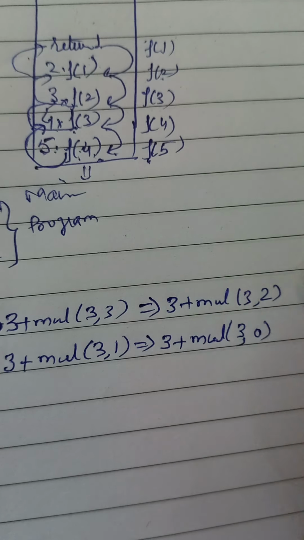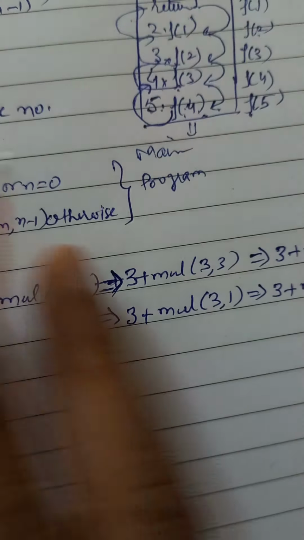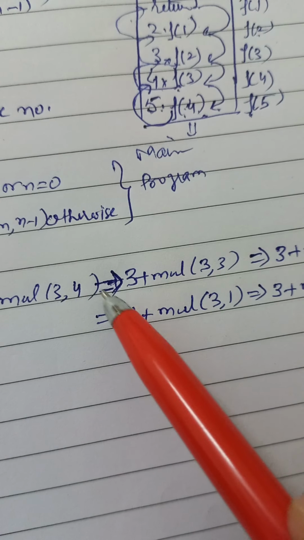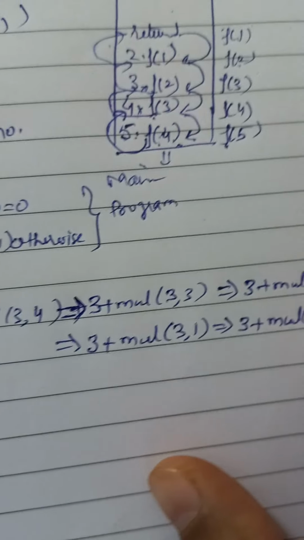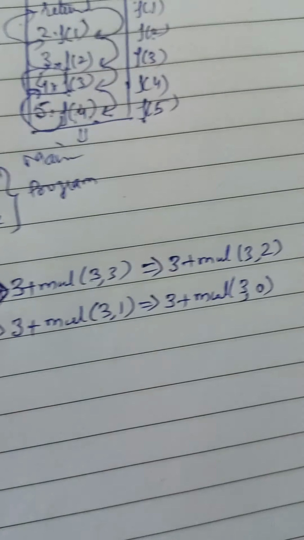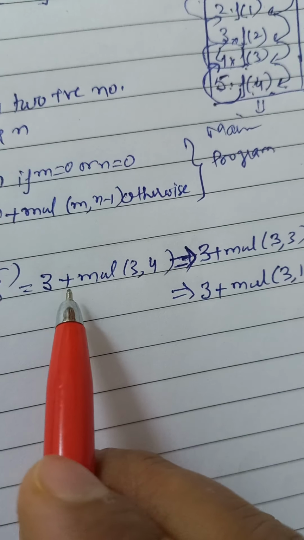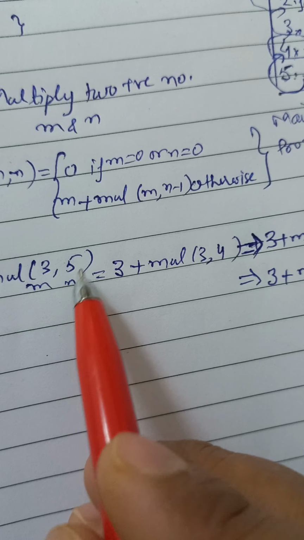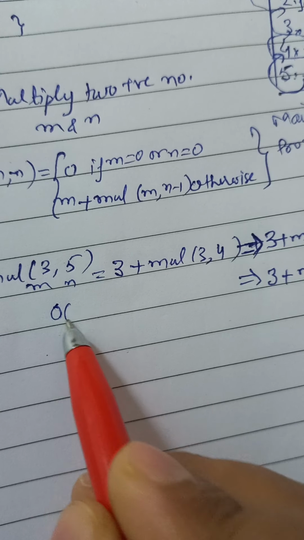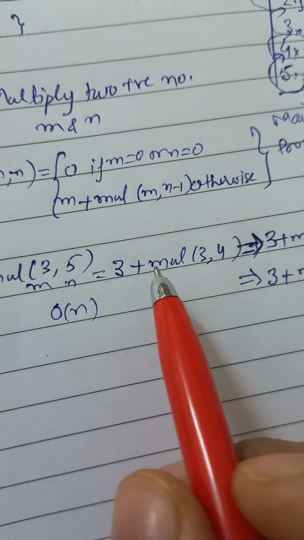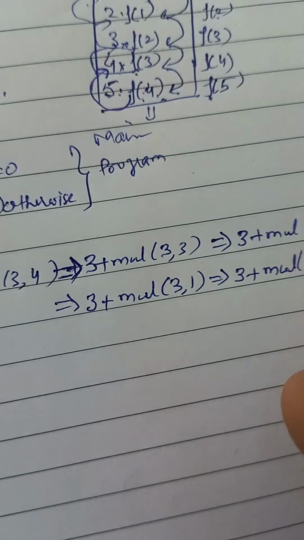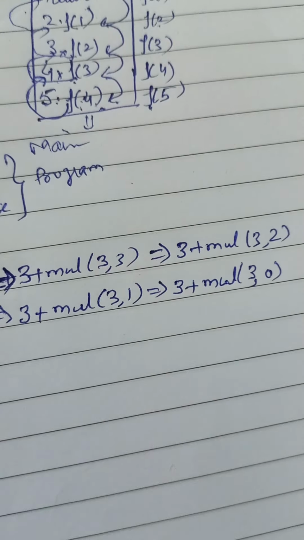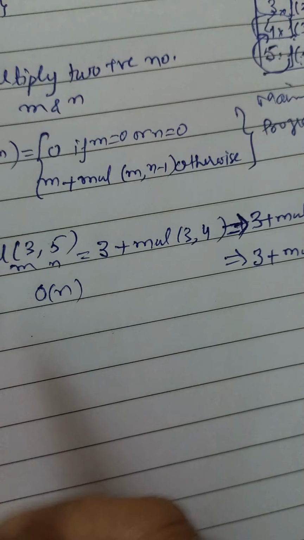So like that it will go. How many times will it run? It will run 5 times: 1, 2, 3, 4 and 5. So we can say order of n time it runs, because as we have seen, 1, 2, 3, 4, 5 times it runs.